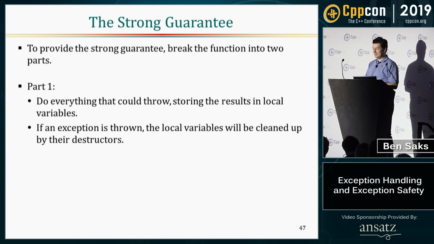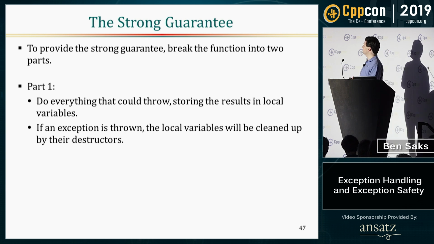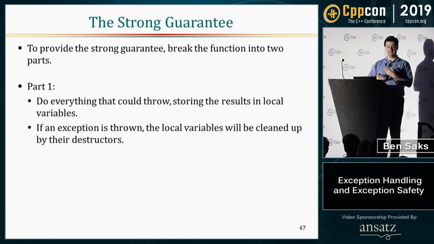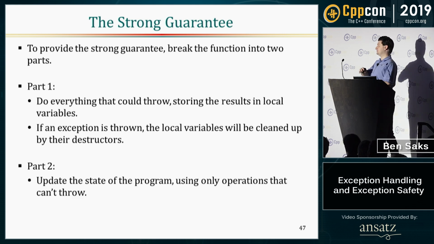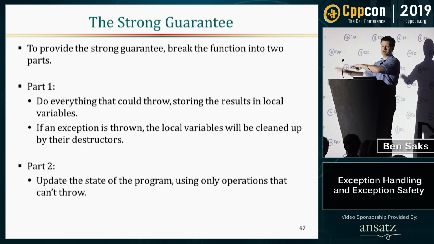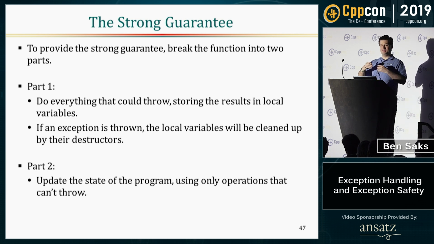And the exception can simply continue on being thrown. Because all of the results that we've done so far are in local variables, the program state hasn't been altered. And then part two is to actually update the state of the program, to commit the values from those local variables to wherever they finally need to be. And we need to do that using operations that we are sure won't throw.